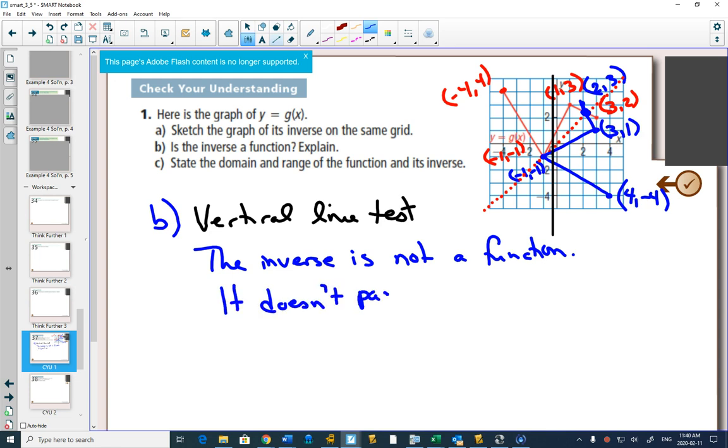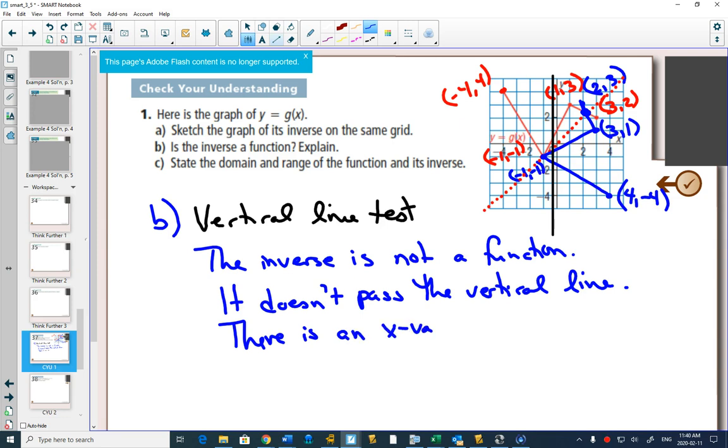It doesn't pass the vertical line test, which means, and this is sort of what you were saying, there is an x value that has more than one y value.